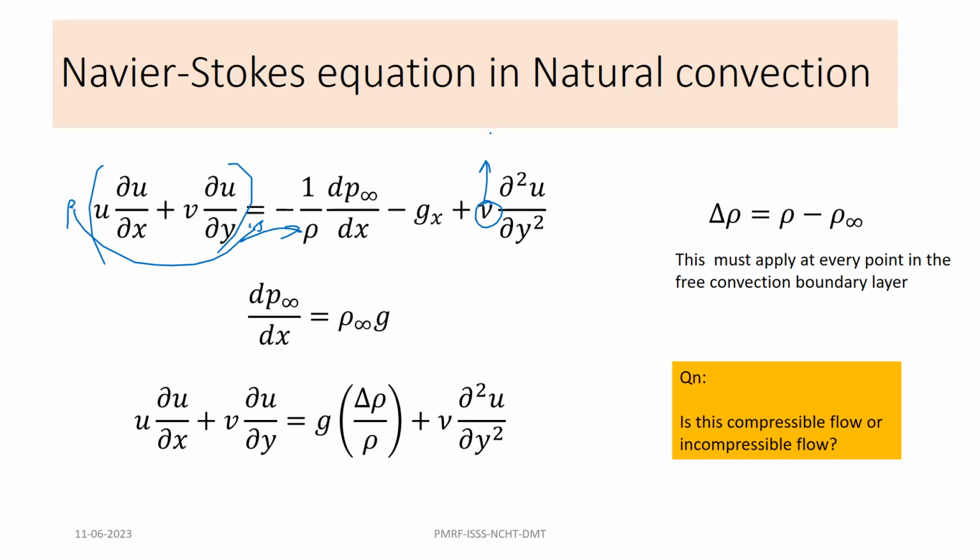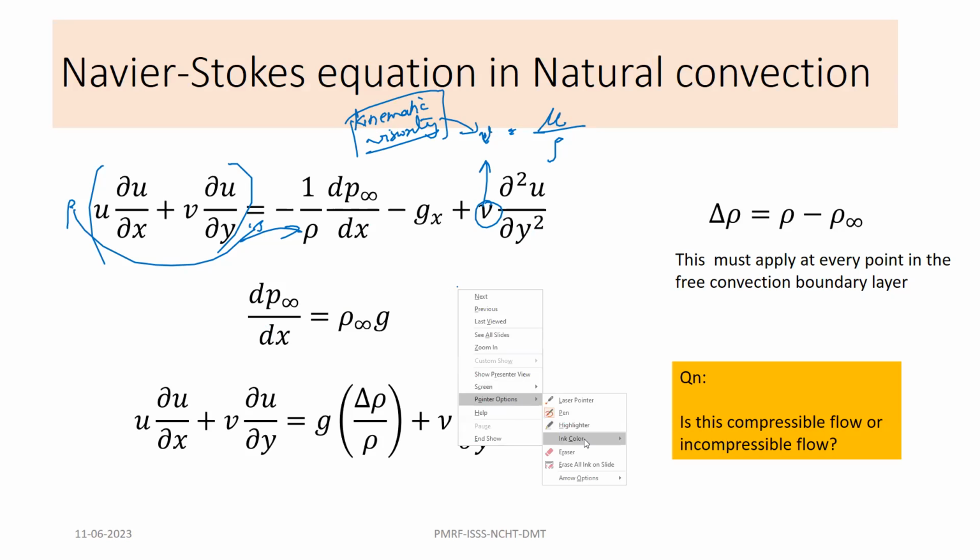Here it is nu, the ratio of dynamic viscosity to density, which is called our kinematic viscosity. Okay, we have just modified that Navier-Stokes equation in this manner.